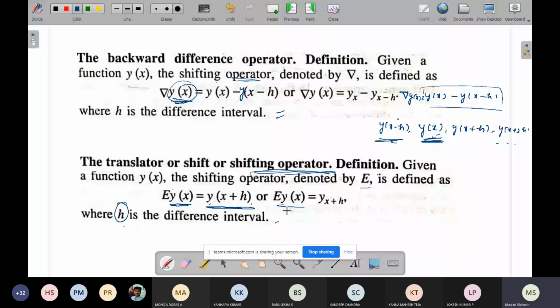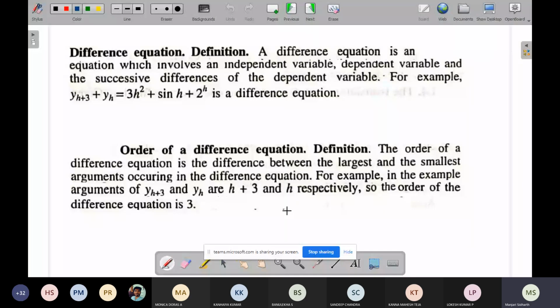Now, after discussing this much, we have the difference equation. A difference equation is an equation which involves an independent variable. Independent variable means x, and the x values are spaced by h. That means the values are x plus h, x plus 2h, and so on.